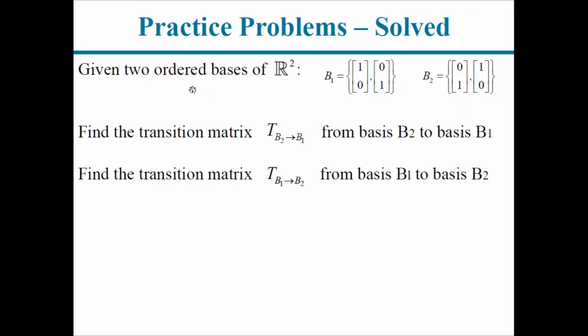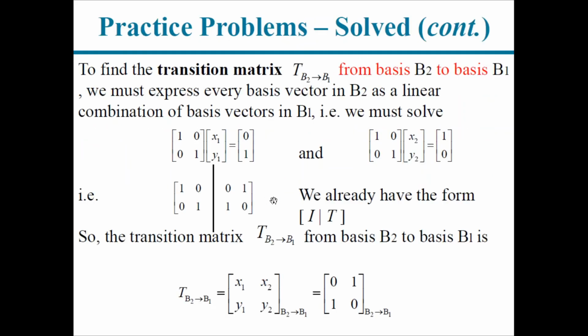This problem is solved just to point out the importance of the words ordered basis. So I have the bases of R2: (1,0),(0,1) and (0,1),(1,0). All I did is change the order of the basis vectors, but that will change the order of coordinates, obviously. So you can compute the transition matrix in both cases.